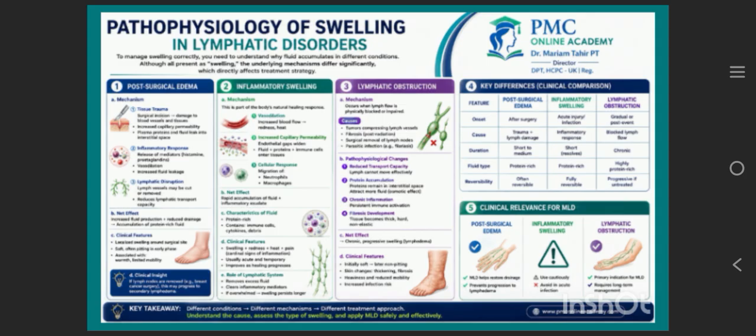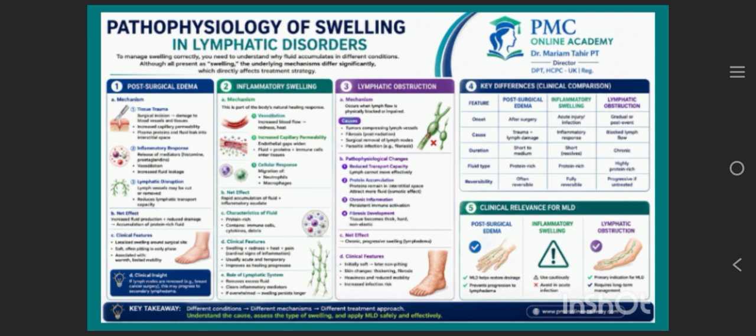Secondly, increased capillary permeability: endothelial gaps widen, and fluid plus proteins plus immune cells enter tissues. Third is the cellular response, where migration of neutrophils and macrophages occurs.